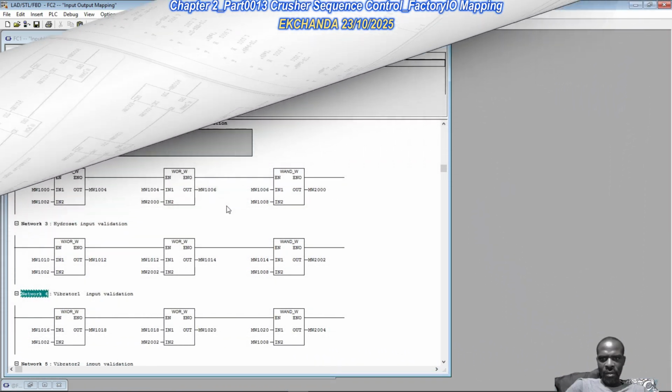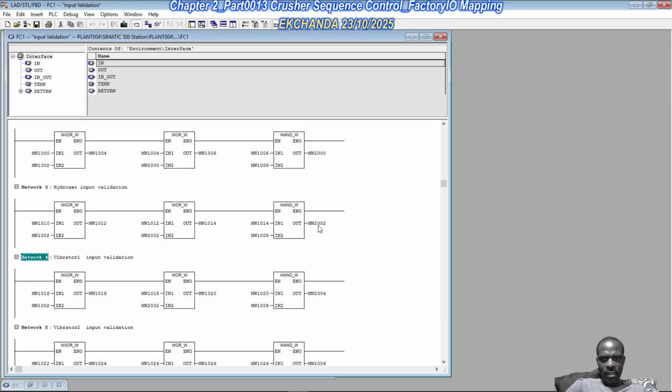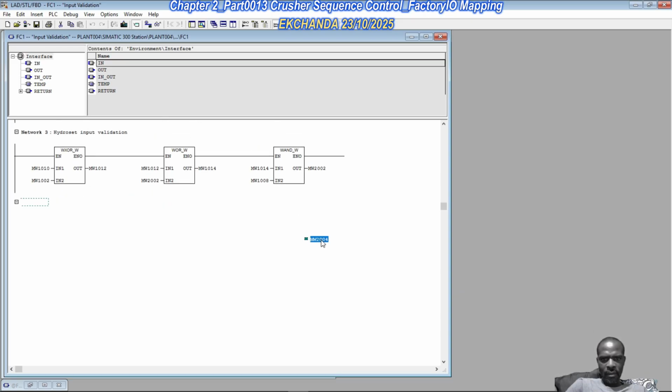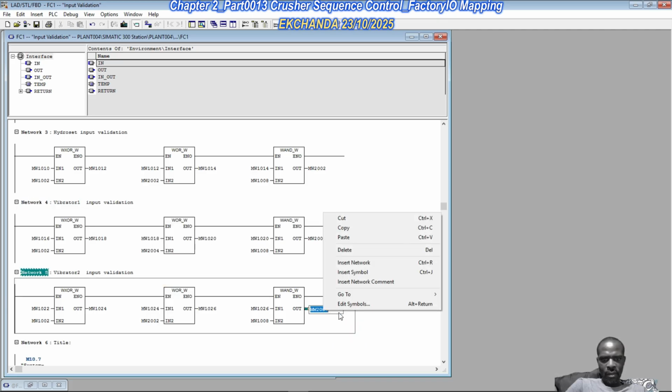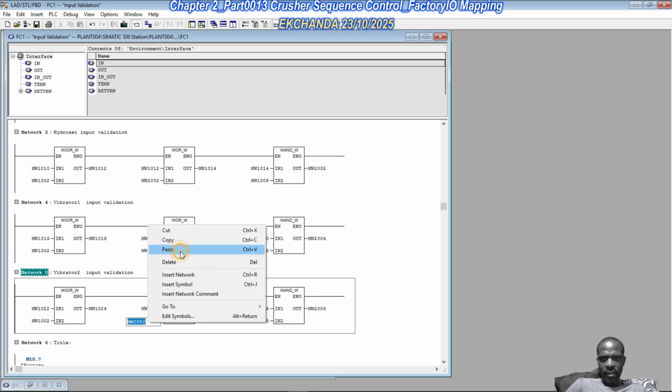The sealing contact, this is memory word 2000, this is 2002, sealing in through this point, and we need to do the same thing for this point. We'll copy this, paste there, so that we seal in.